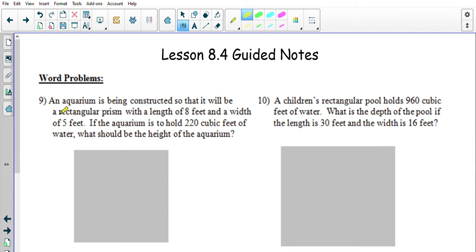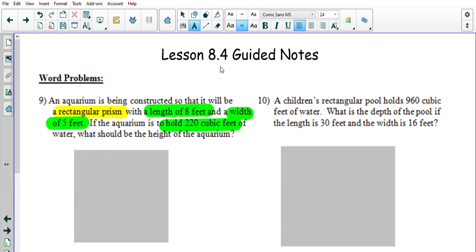So first of all, we know that this shape is a rectangular prism. We also know that it has a length of 8 feet and a width of 5 feet. And we know that the aquarium is going to hold 220 cubic feet of water.